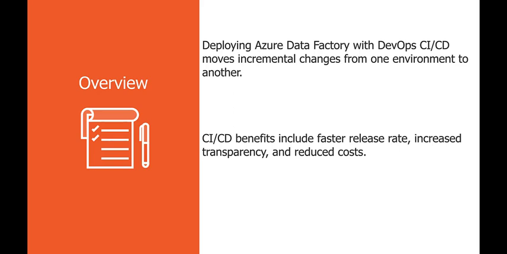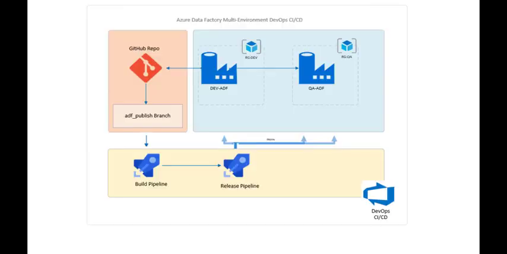So let's do it. All right, so let's take a look at an Azure Data Factory multi-environment DevOps CI/CD architecture diagram to get an idea of how this all ties together. A developer will initially begin the process by creating a change in a development data factory and publish those changes to a source repo, such as a GitHub or Git repo.